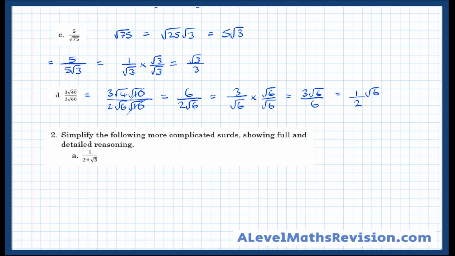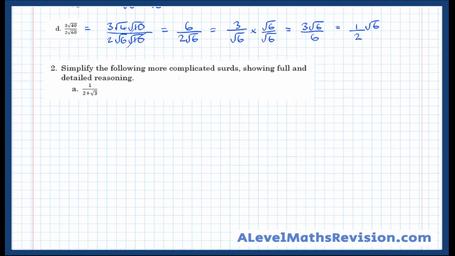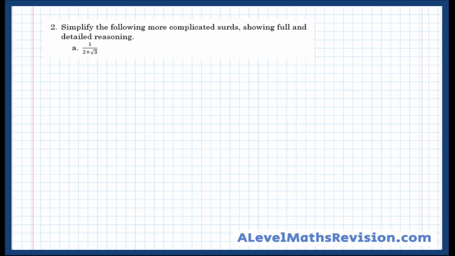Sometimes surds can be a mixture of a number, an integer, and a surd part, like this one here. So we're being asked to simplify 1 over 2 plus root 3. Now, if you were to follow the same technique that we did before, i.e. timesing by the surd part over itself, let's see how that works out. I'll give you a clue as well, it doesn't.